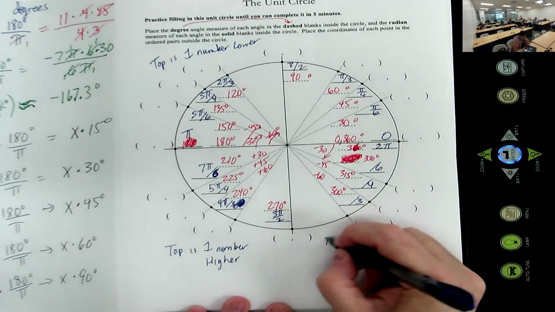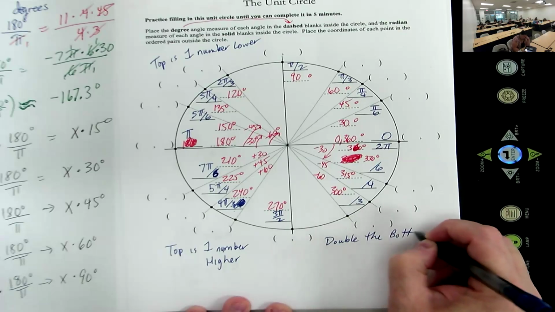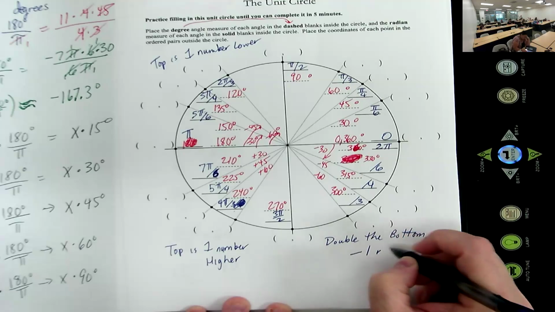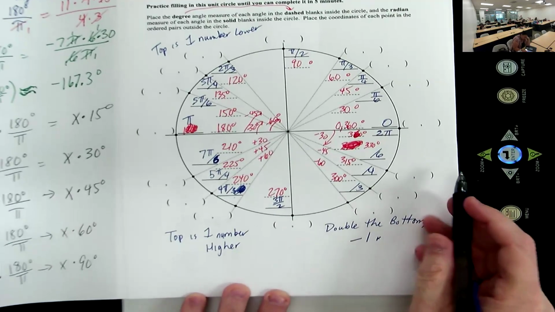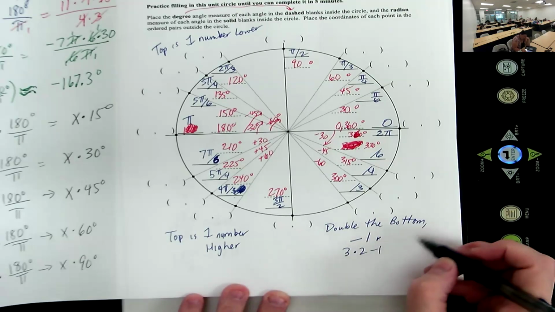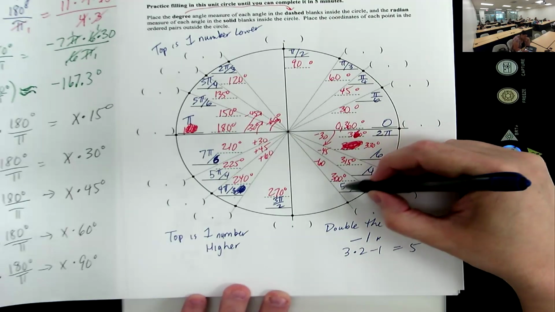The way I do this one is double the bottom minus 1. So 3 times 2 minus 1 is 5. This will be 5 pi over 3.